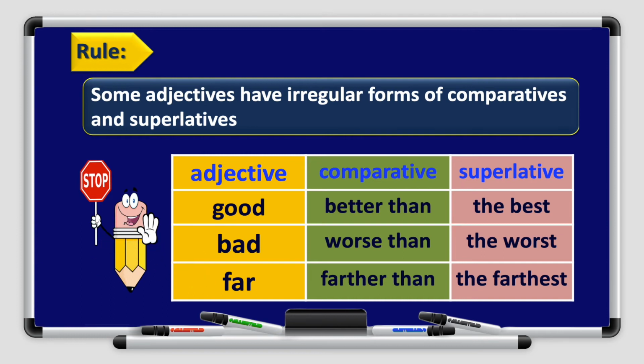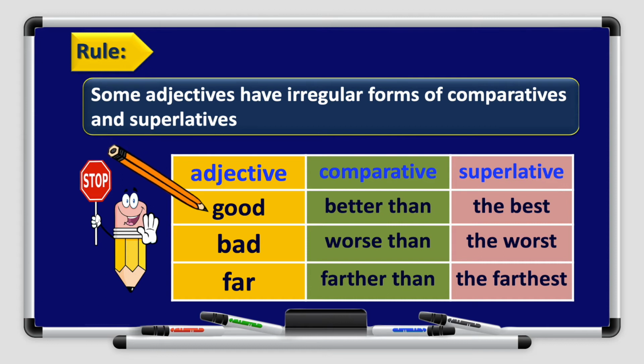Again, boys and girls, some adjectives have irregular forms of comparatives and superlatives. Let's see how. In adjective good, we would like to compare it and use comparative adjectives. We use better than, but in superlative adjectives, it is the best.